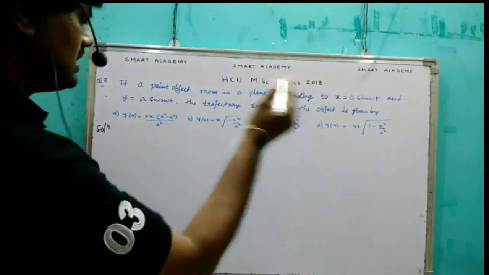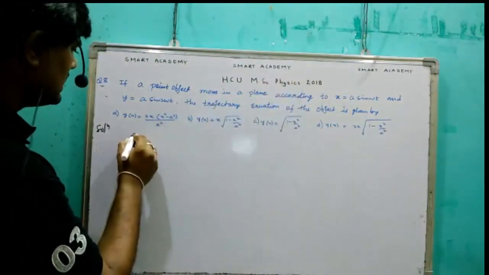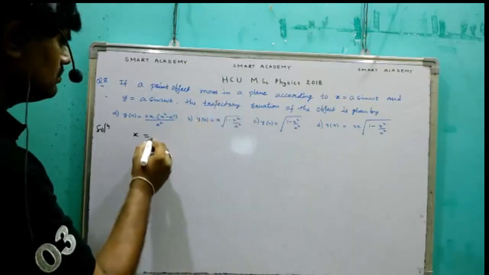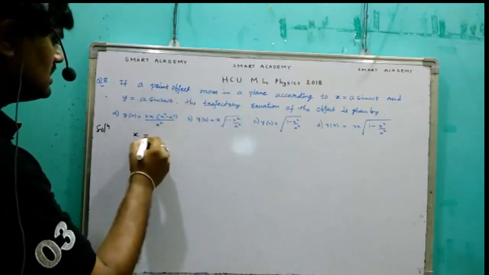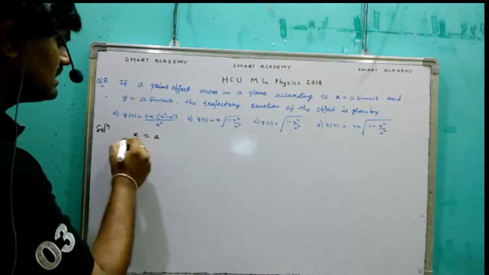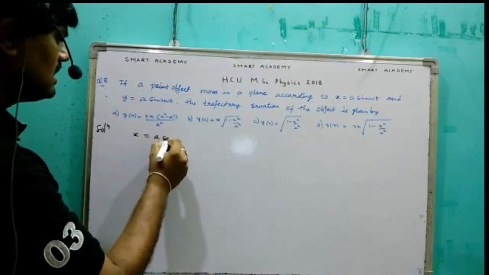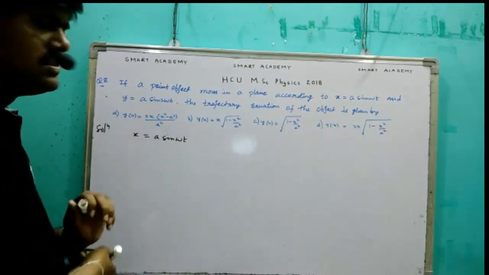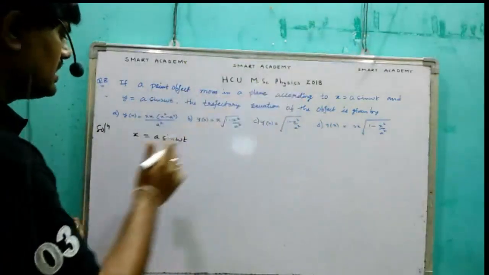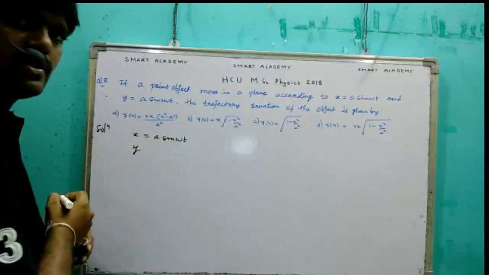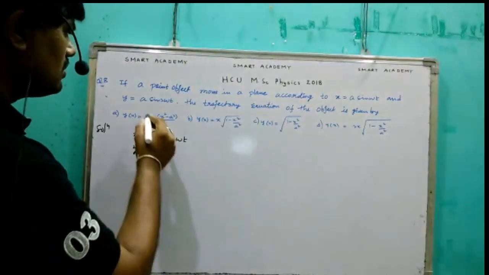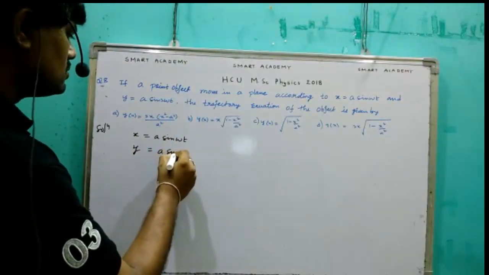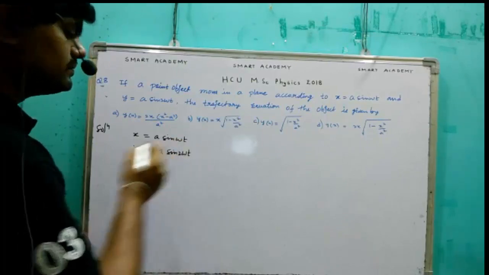So in the given question, the point object's displacement along the x direction is x equal to a sin omega t. Similarly, along the y direction, the displacement is y equal to a sin 2 omega t.